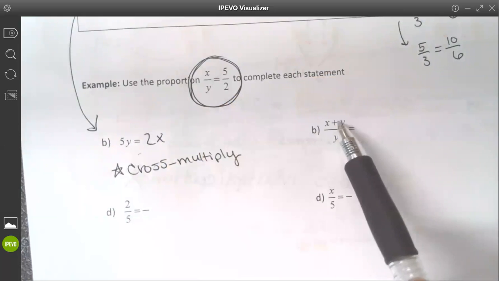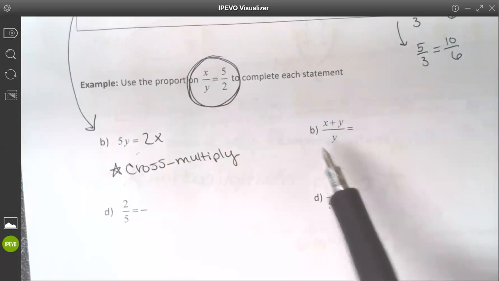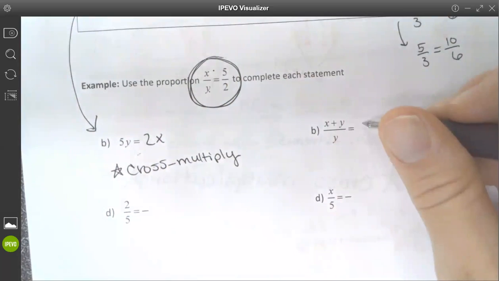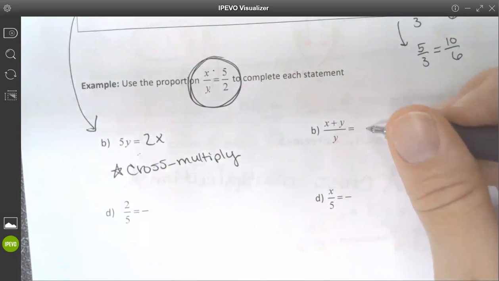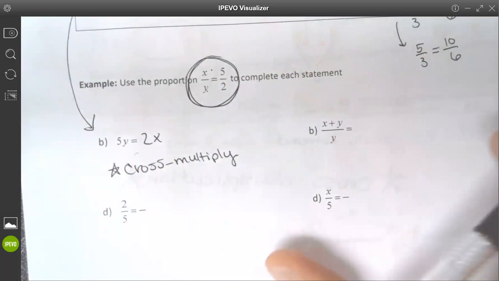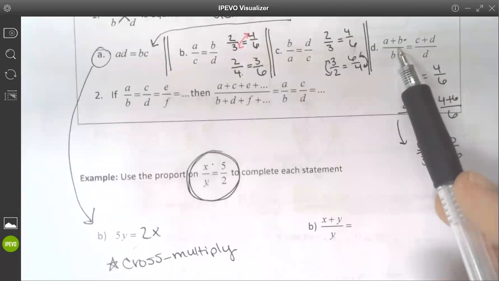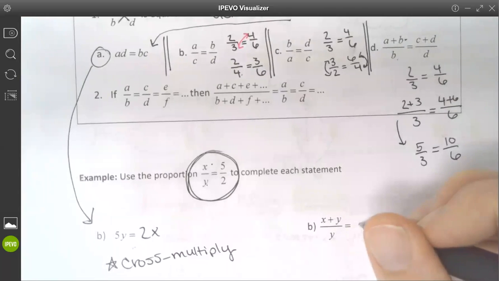Then I have x plus y over y. What I did there was take this denominator and add it in. What would that be equal to on the other side? How would 5/2 change? That would be this last property.